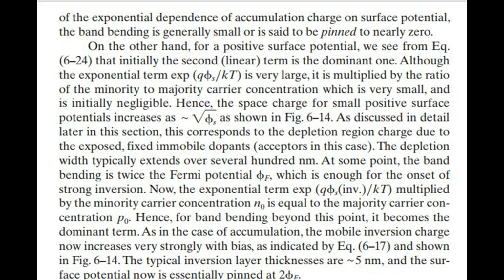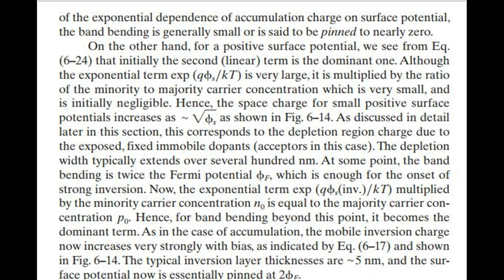Hence, for band bending beyond this point, it becomes the dominant term. As in the case of accumulation, the mobile inversion charge now increases very strongly with bias, as indicated by Eq. 6.17, and shown in Fig 6.14. The typical inversion layer thicknesses are 5 nanometers, and the surface potential now is essentially pinned at 2ψF.